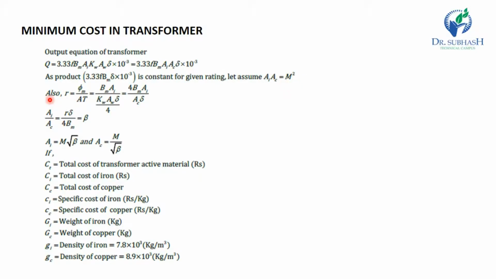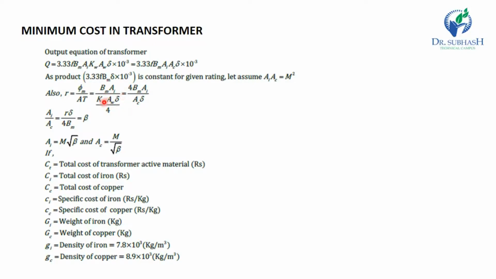Now from the EMF per turn equation, we know that Et is equal to phi m by At. Flux phi m is equal to flux density into area, so Bm into Ai, and At is equal to Kw Aw delta by 4, as we previously discussed.